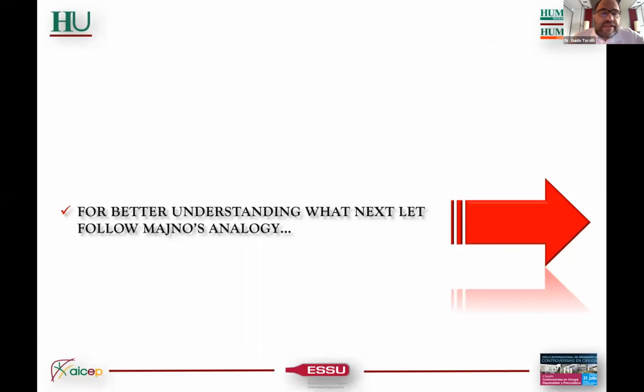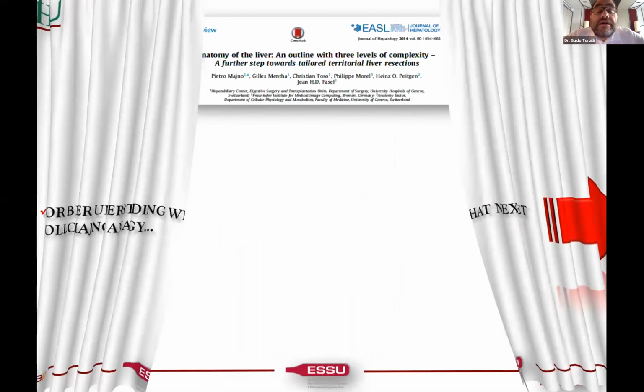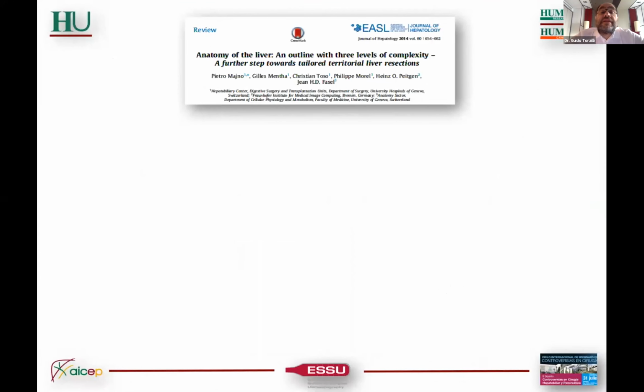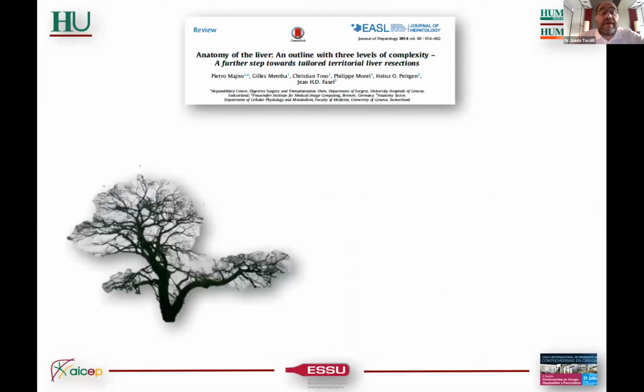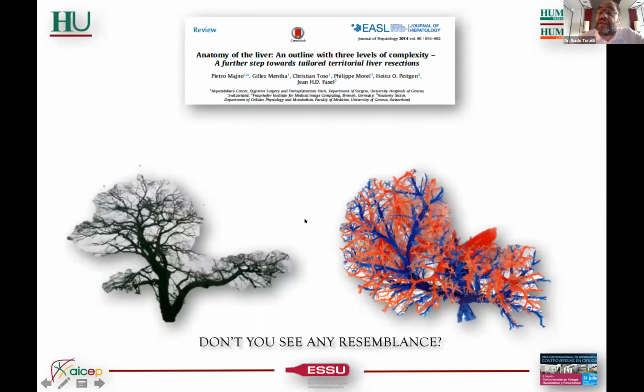And for better understanding of what comes next in my lecture, let's follow the Maino analogy. Pietro Maino, Gilbenta Group, released this nice paper that inspired me, this analogy, which was introduced by himself. So this is a tree in front of his house, and he noticed that it was very similar to the liver.